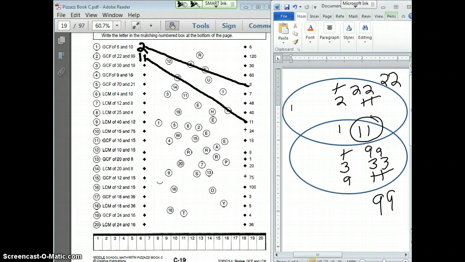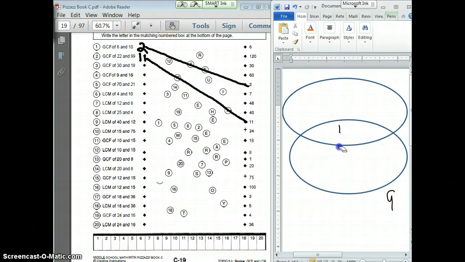All right. Next, we've got greatest common factor between 30 and 18, if you're using the Venn diagram. And I think we are looking at factors, but let's double check because we wouldn't want to accidentally do multiples. 30 and 18. Common factors between 30 and 18.